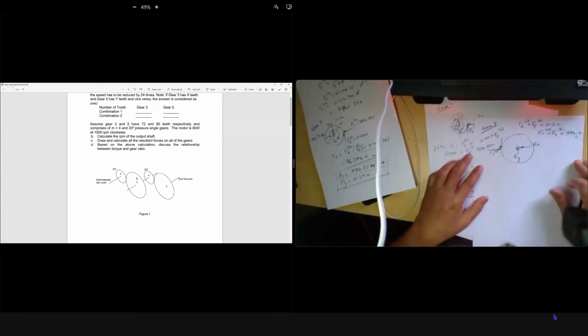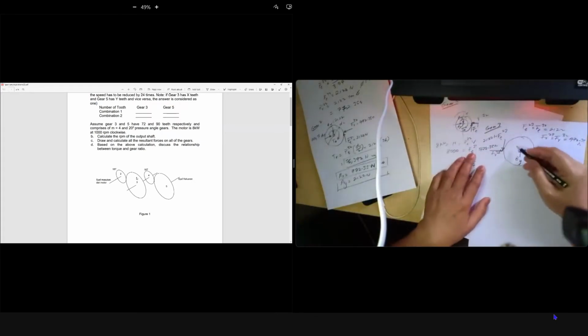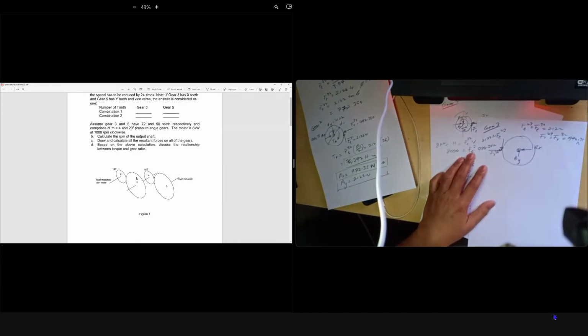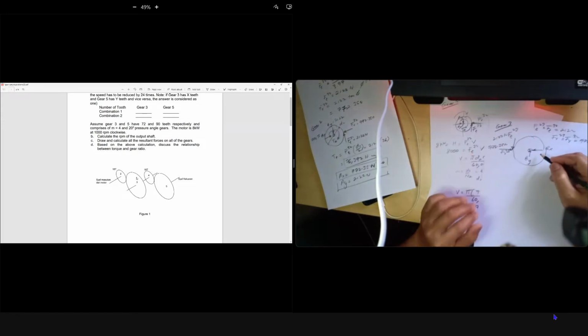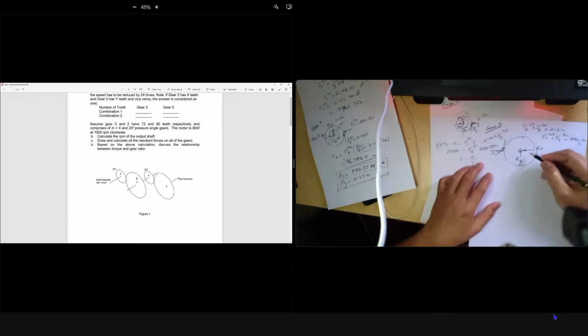For this case, we have F tangent downward producing counterclockwise.